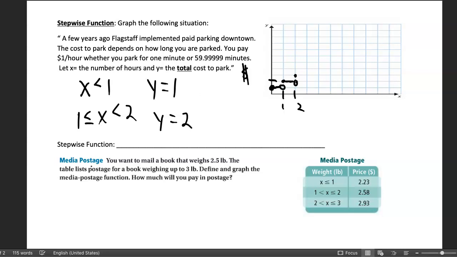And this is called a stepwise function. So this is a stepwise function. What a stepwise function is, is a function that has one y value for each interval of x.